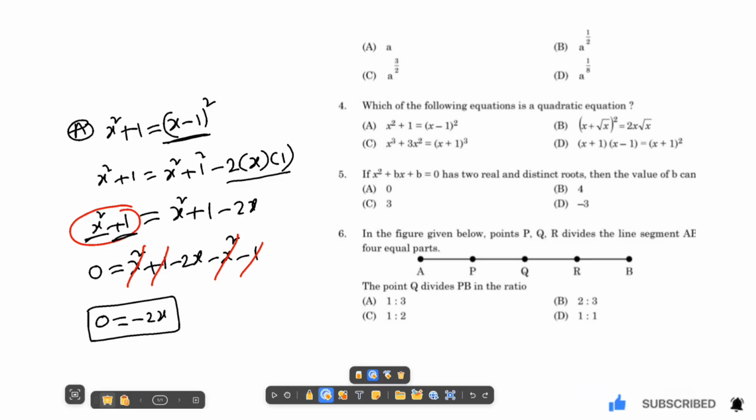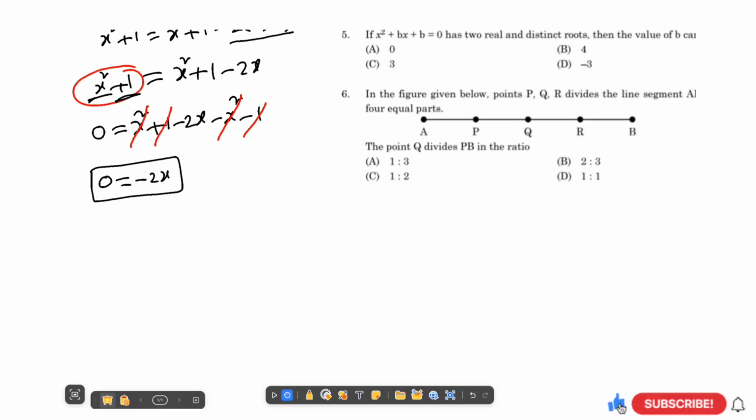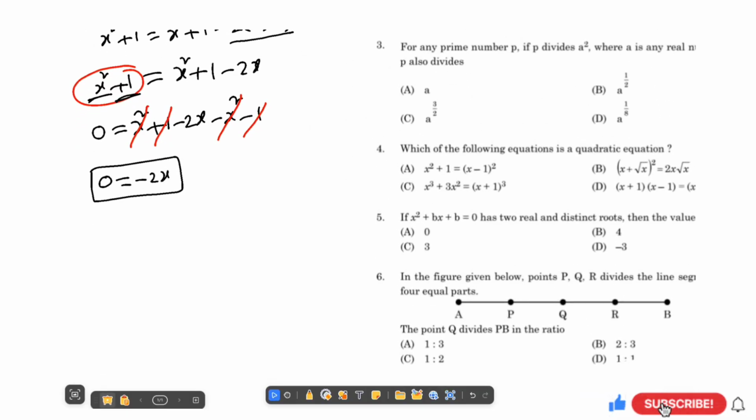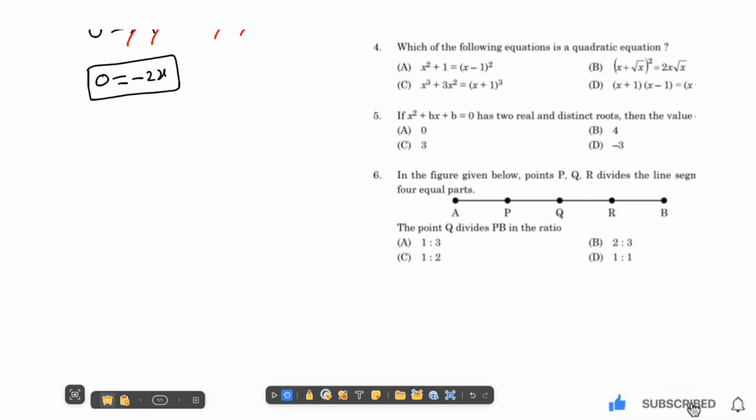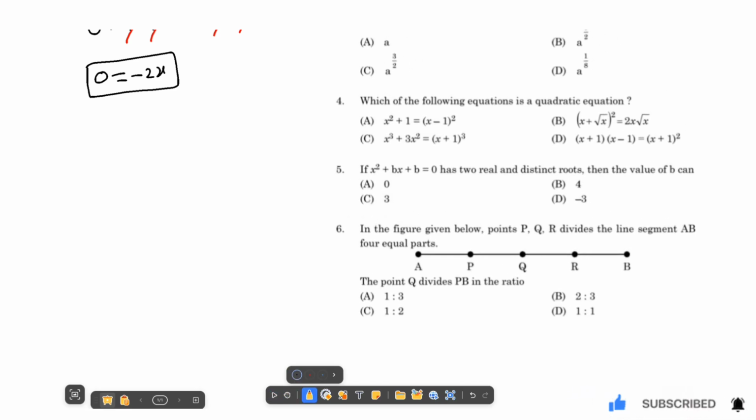So let's take option B. So what is option B here? Option B is this one. What is that? x plus root x whole square is equal to 2x root x.